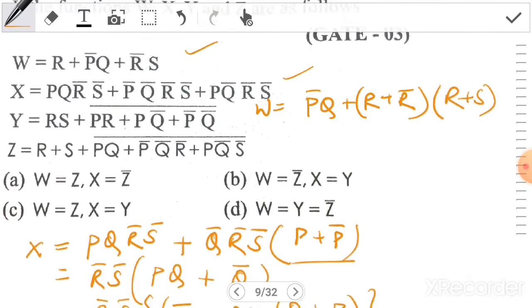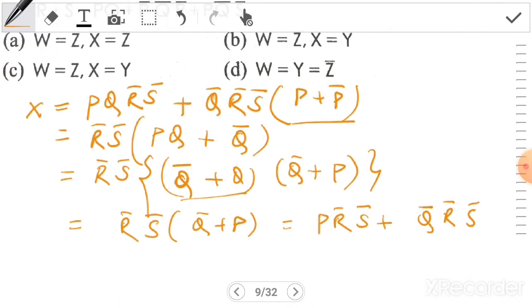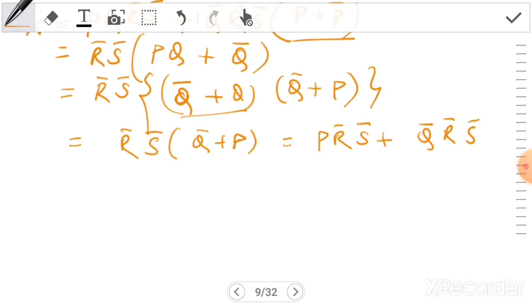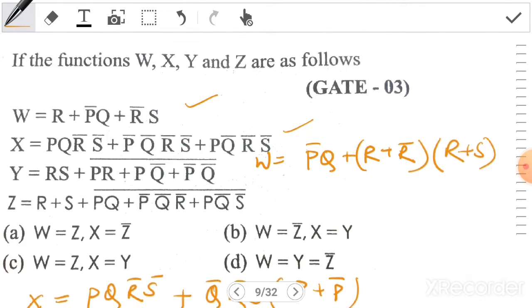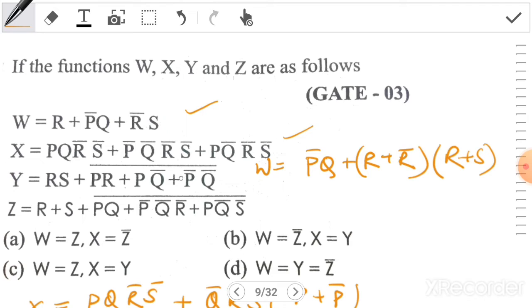Again, let's simplify Y. See, here you can take Q complement common, and then P plus P complement, which is 1. So we are left with only PR plus Q complement.